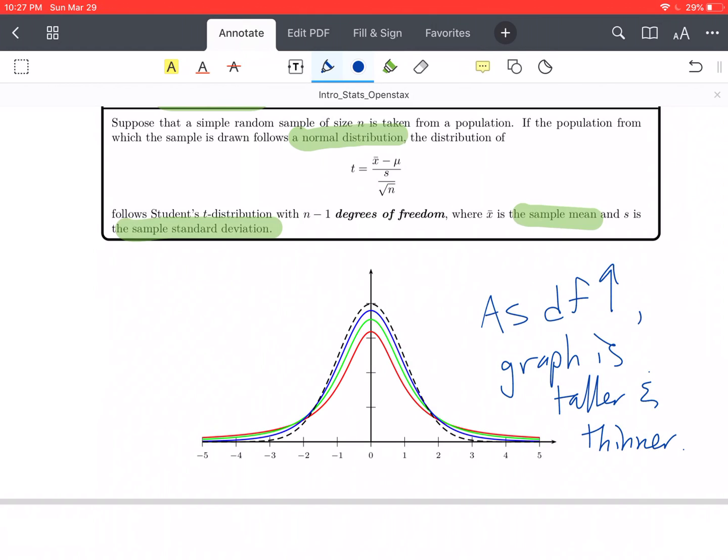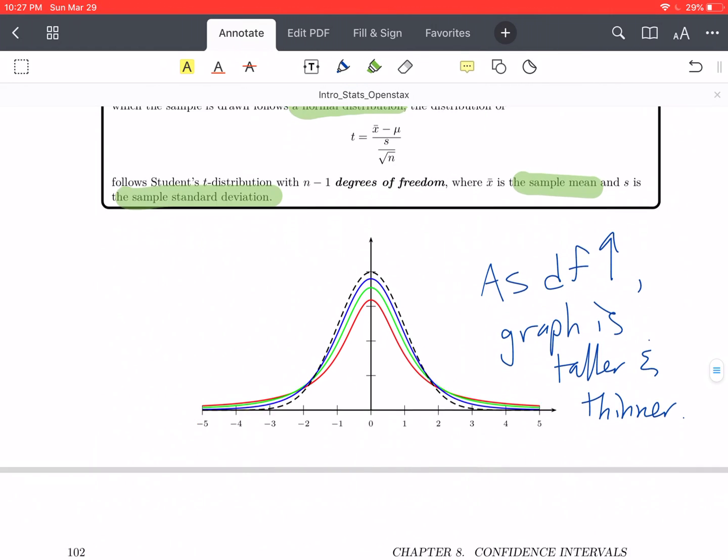Basically it's less spread out this way. Because as the degrees of freedom increase, so as our sample size increases, that's going to give us less variability, because the picture is going to become a little more clear about what the actual values are doing.